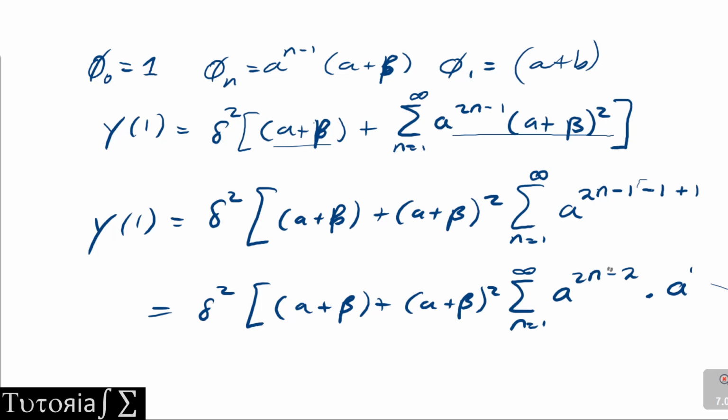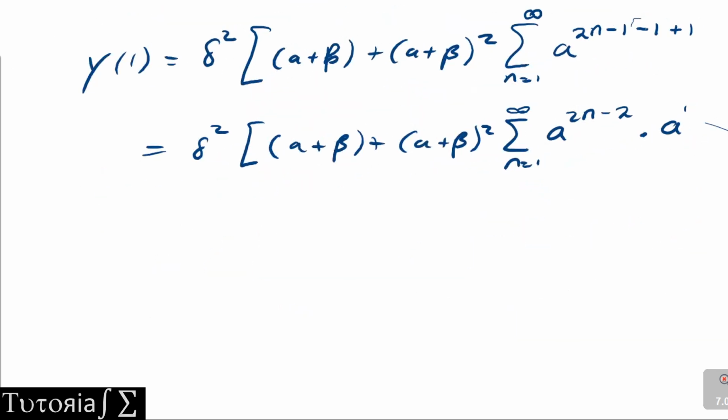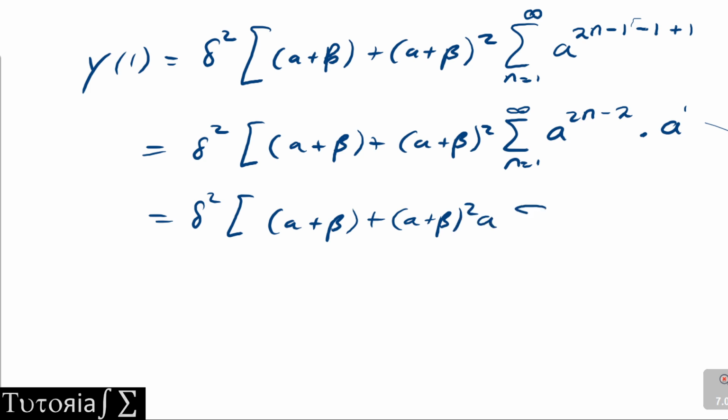We want that so that we can factor out, and it can give us a nice geometric series. So this can also be factored out. So we're going to have a plus beta plus a plus beta squared. Then the a comes out. Sum from n equals 1 to infinity.